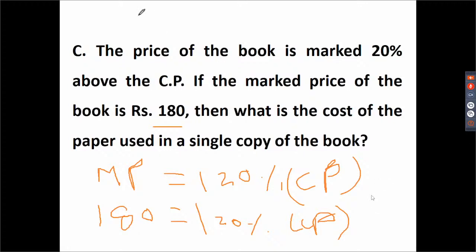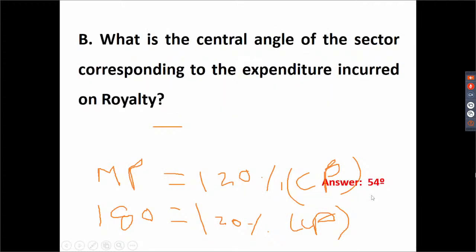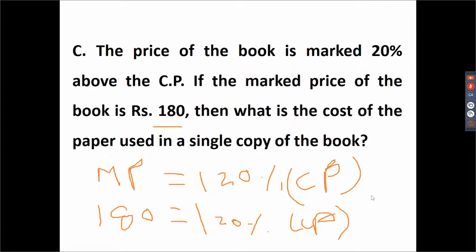Whenever the CP is 150, what is the paper cost actually? In the pie chart, what is the paper cost? 25%, right? Yes, the paper cost, green color, is 25%. We have to find, to prepare one book, 150 rupees. On 150, what is the paper cost? You have to find the paper cost is 25% of 150. Any doubt up to that?